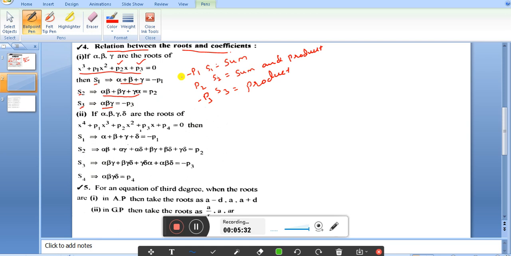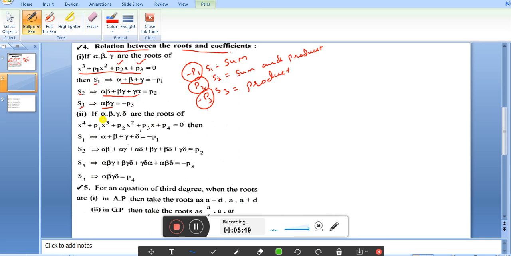When it is a monic polynomial equation, the sum of the roots is minus p1, the sum of products is p2, and the product of the roots is minus p3.